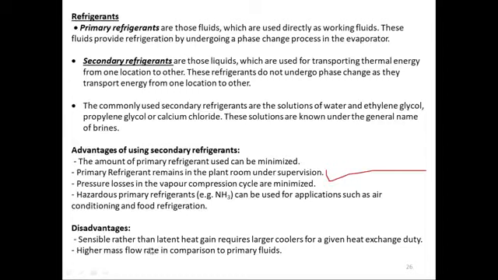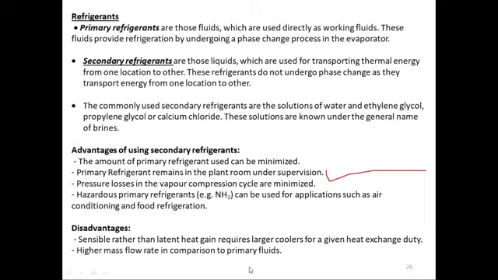Now the disadvantage: sensible rather than latent heat gain requires a larger cooler for a given heat exchange duty. The mass flow rate is higher in comparison to primary fluids. Of course, they are not using latent heat; the amount of latent heat involved with these secondary refrigerants is smaller. They are basically working on the sensible heat, because the water used in the chiller is not going through the phase change process.